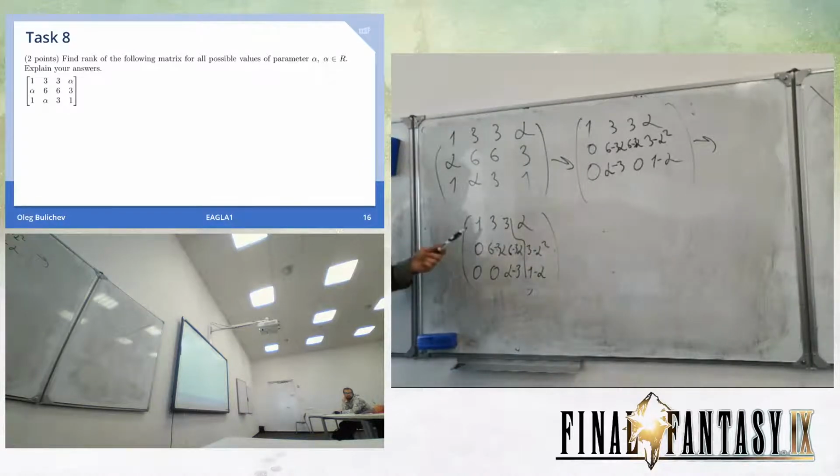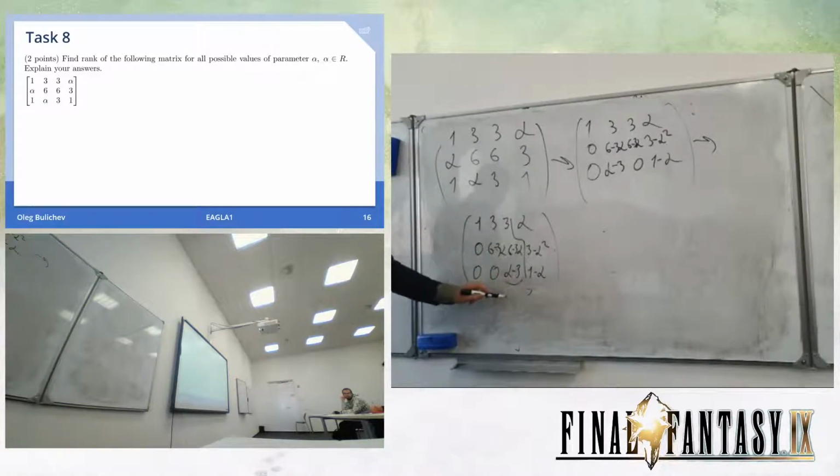Because of this, we have full rank. If we want to have a rank of 2, what do we need to do? We need to receive that at least one column should be equal to 0. We can see alpha everywhere. It's the easiest one, because in this case we have triangular form.